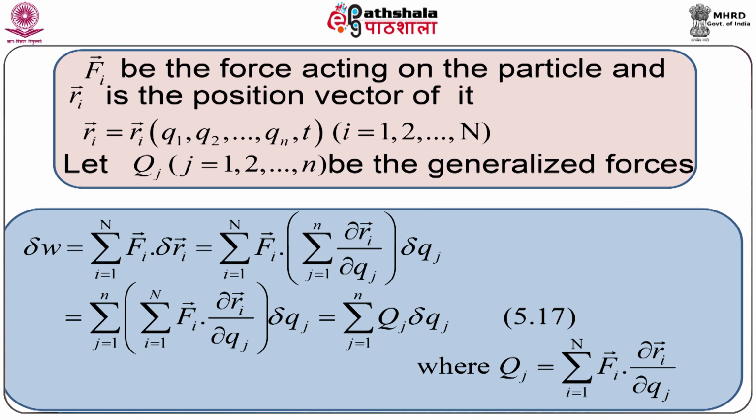Let capital F_i vector be the force acting on the particle and r_i vector the position vector of the same particle. Therefore, position vector r_i can be considered as a function of generalized coordinates q1, q2 up to qn and time t. So, r_i vector equals r_i vector function of q1, q2 up to qn and t, i varying from 1, 2 up to capital N.